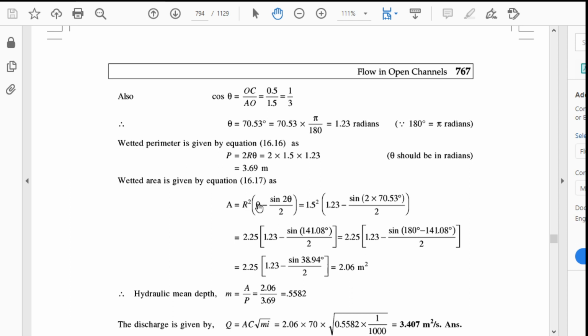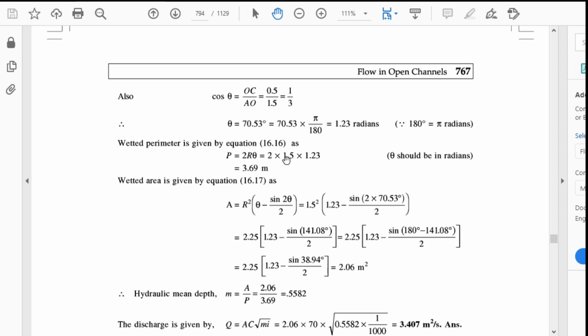So remember, when theta is along with geometrical expressions, take it in degrees, and when it is alone, take it in radians. So here for the weighted perimeter 2r theta, this theta should be in radians.